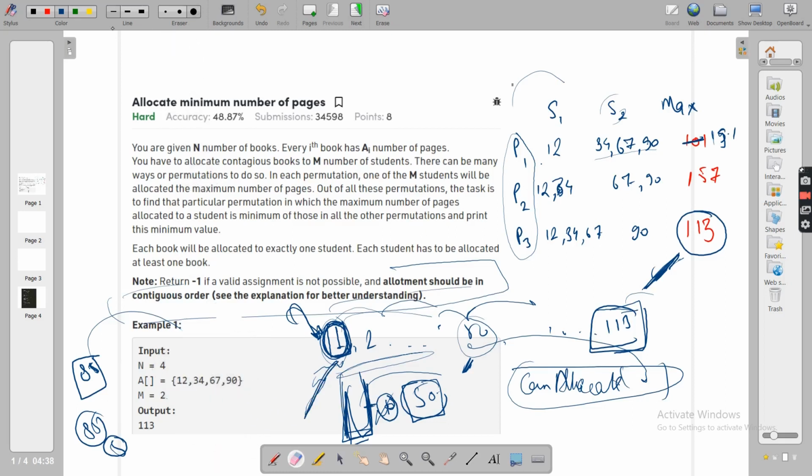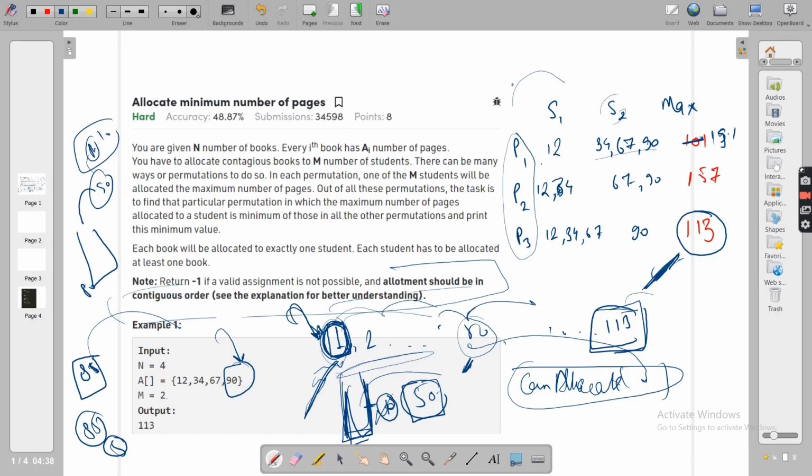Because even if you keep a value smaller than the maximum, let's say 80, then 90 can never be given to anyone, because 80 is the maximum you can give here. If you are carrying a container of 80 and you are putting 90 inside, you cannot. You have to break it into 80 and 10. But you cannot break them. There's a limitation. You have to give the entire thing.